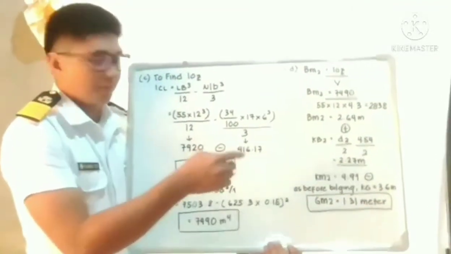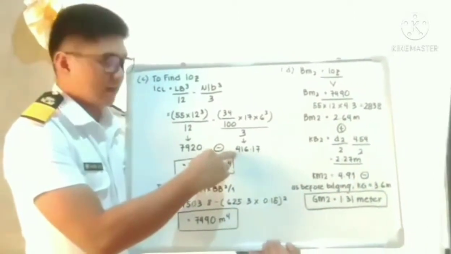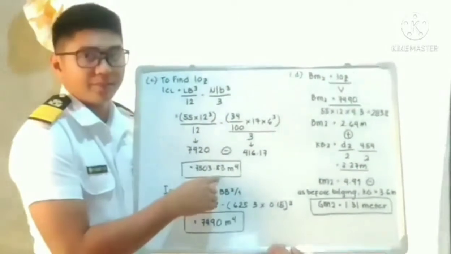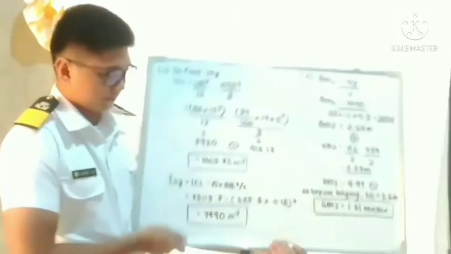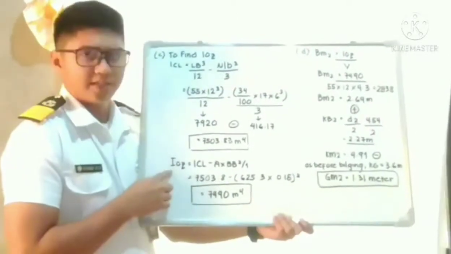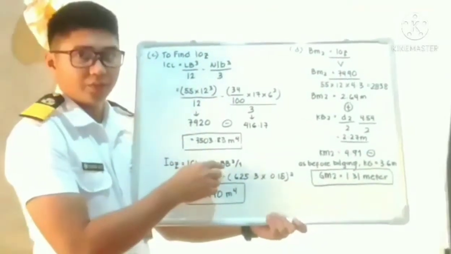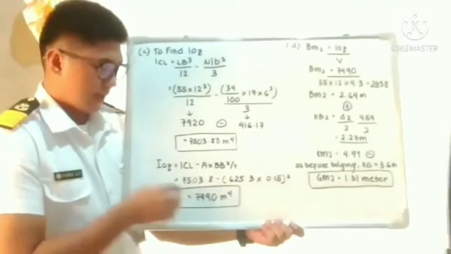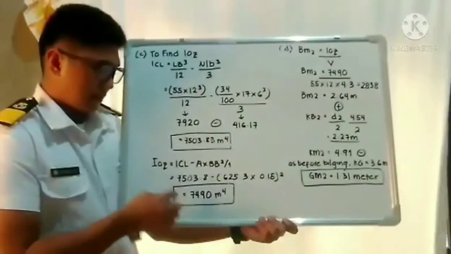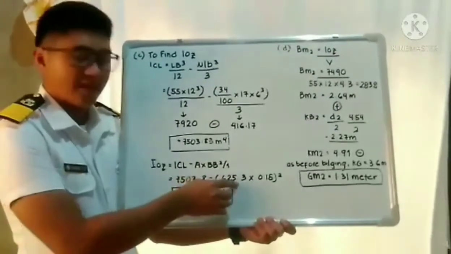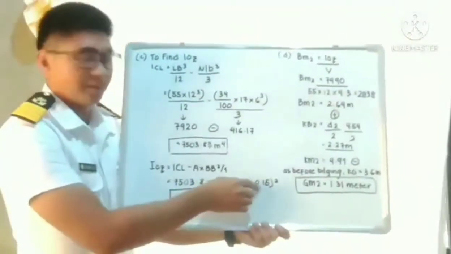416.17. So you have to subtract to get this value, 7503.83 meter to the fourth. Okay, so here the IOJ is equal to ICL minus A times BB2 over 1. So we have the IOJ of 7503.8 minus 625.3 times 0.15 squared.